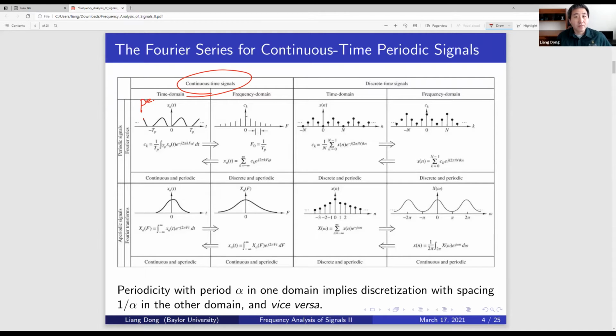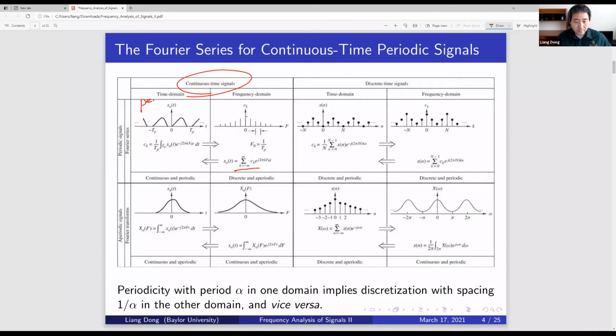So we're using the Fourier series expansion, but because it's continuous in the time domain, I will not show a periodicity in the frequency domain. So it's a spectrum, but it's discretized. This is the math expression.